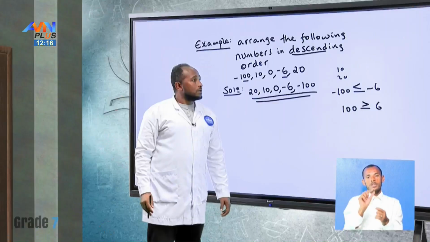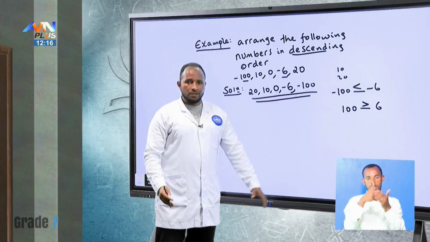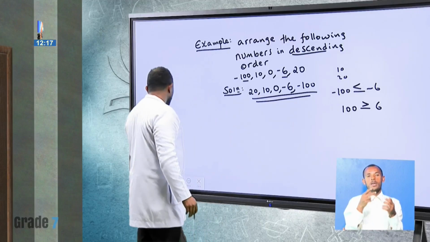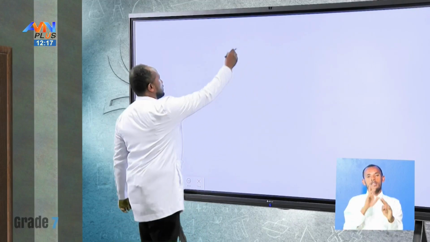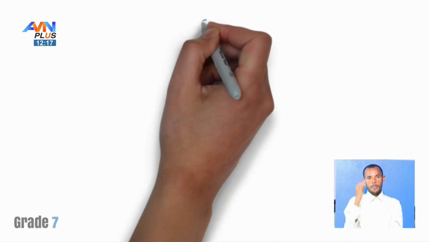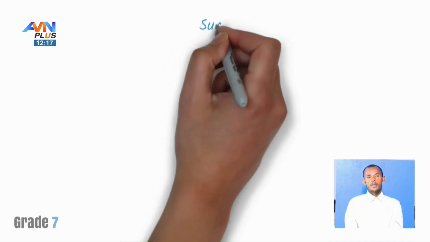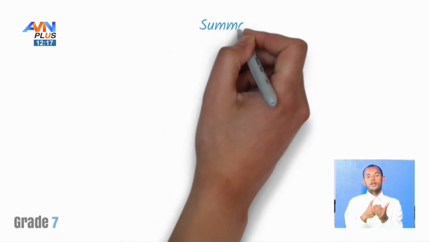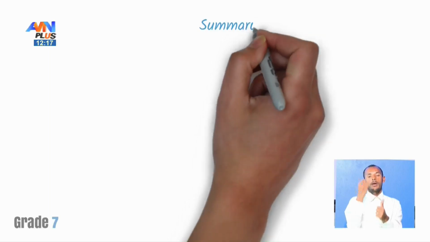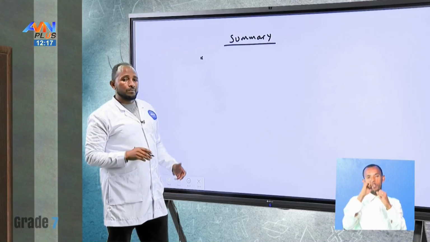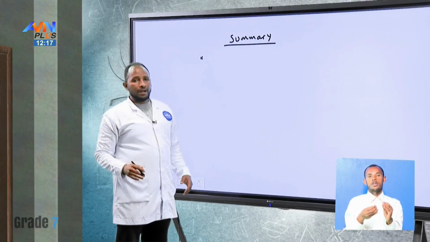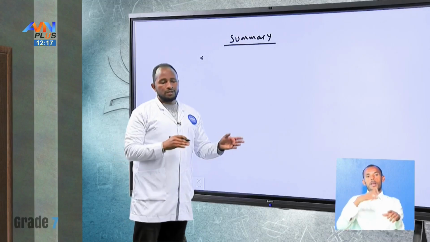So this will be the correct order of these numbers. So that's it. To summarize what we have seen in today's lesson, let's put the basic points. Summary. One concept: to compare two numbers, just draw a number line and locate the numbers on the number line.